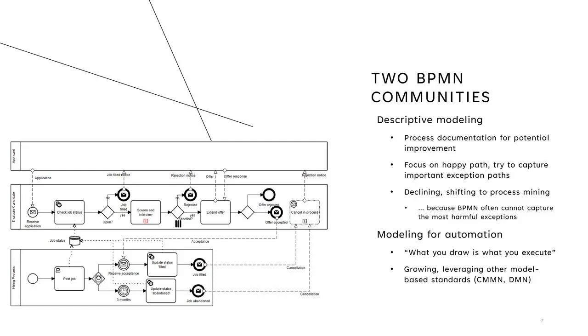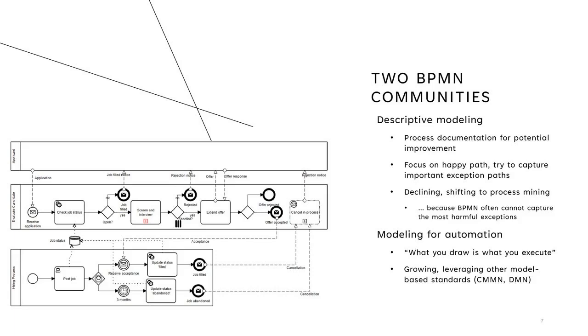Those BPMN users simply want to document their current state business processes with the hope of improving them, since the diagrams, especially if made with something like Method and Style, more clearly express or describe the process logic than a text document.